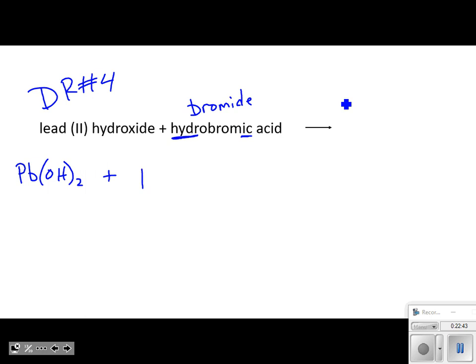Bromide's a 1-, so it's going to be HBr. Now, my packet tells me that this gives a salt. Well, what's that salt going to be? It's going to be lead 2 bromide.